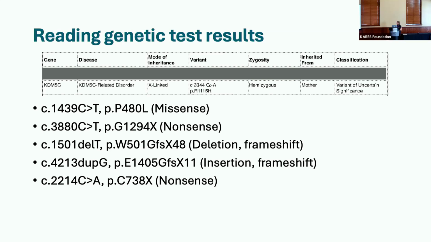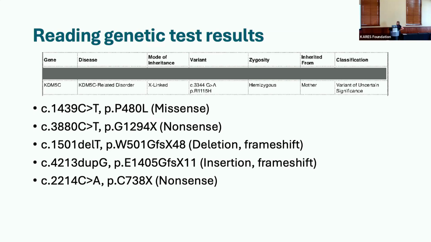So these are all changes that I just pulled from our registry. These are all changes in KDM5C. And so just thought we would sort of run through them again. We start out with a C at the position of the DNA sequence, where that is specifically, what the change is, what the change in the protein is. And because we're just changing 1 amino acid here, so we're substituting this L or leucine for a proline, that's called a missense mutation.